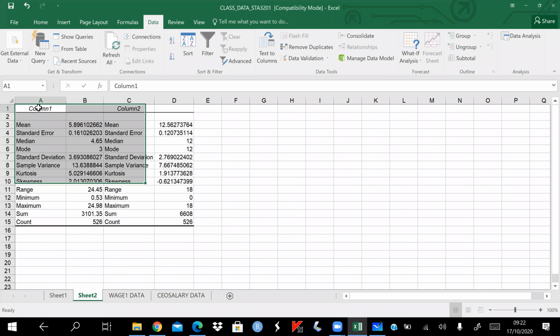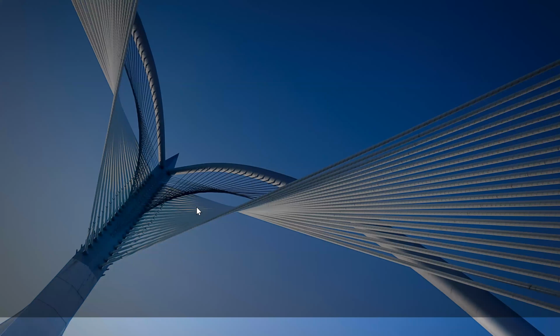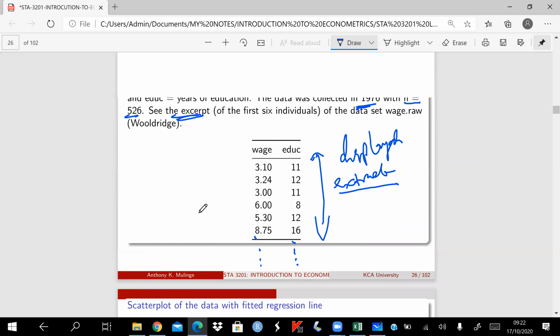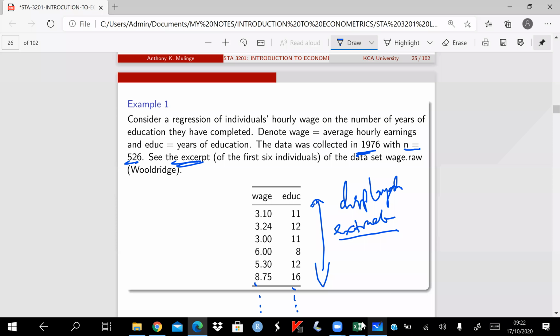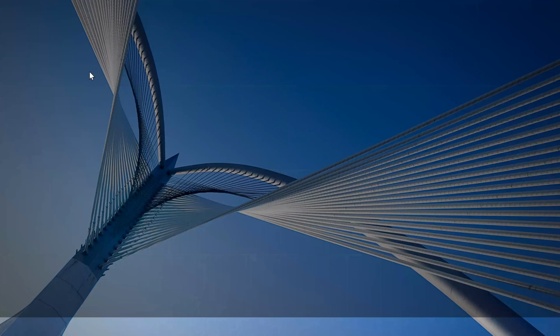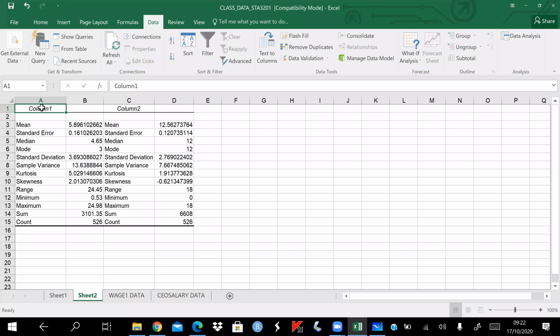Column 1 in our data is wage, and the other one is education. So these are the statistics corresponding to the variable called education.